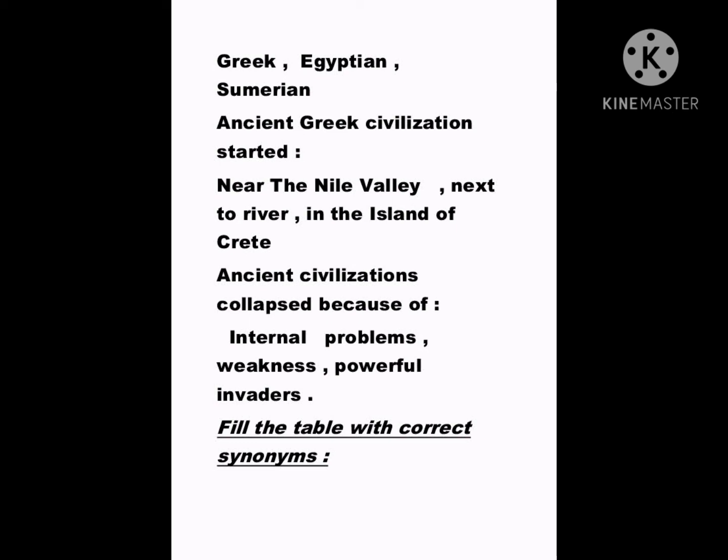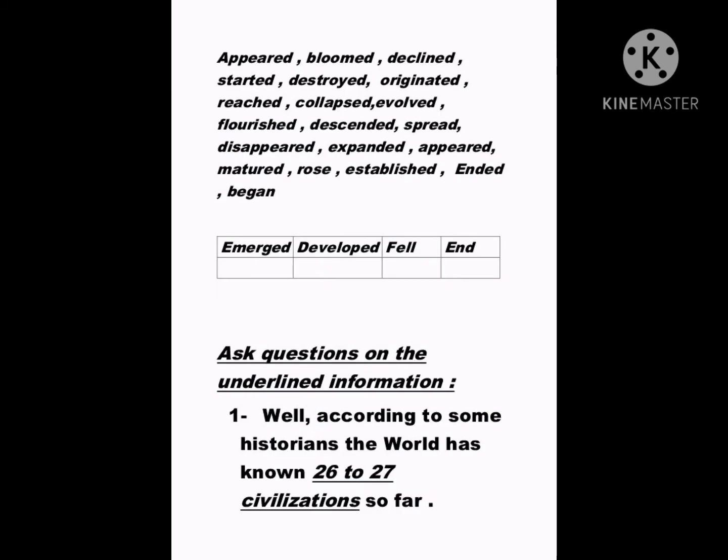So we have the beginning, the development, the peak, and the end. The verbs are appeared, bloomed, declined, started, destroyed, originated, reached, collapsed, evolved, flourished, descended, spread, disappeared, expanded, appeared, matured, rose, established, and began. Try to classify the verbs according to their synonyms in the table.